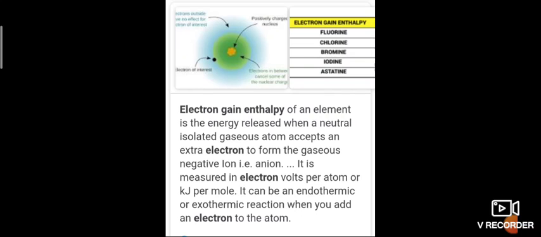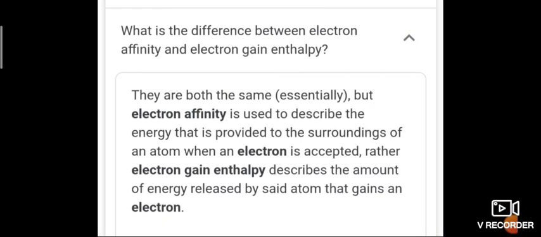Electron gain enthalpy and electron affinity have the same meaning. Actually, what is electron affinity? The amount of energy released when an electron is added to the valence shell of a neutral gaseous isolated atom.